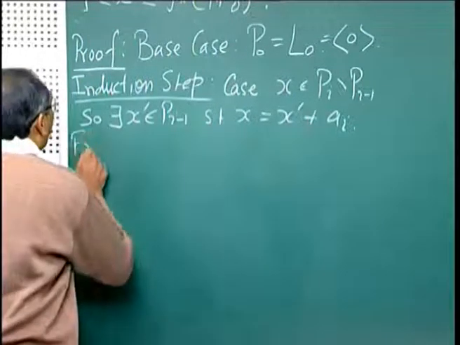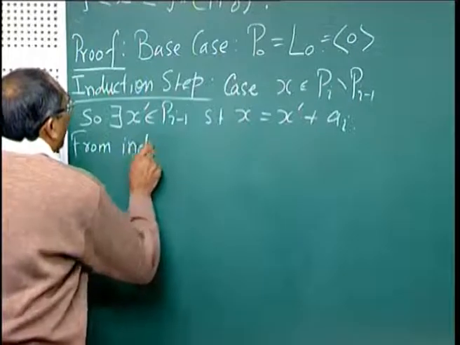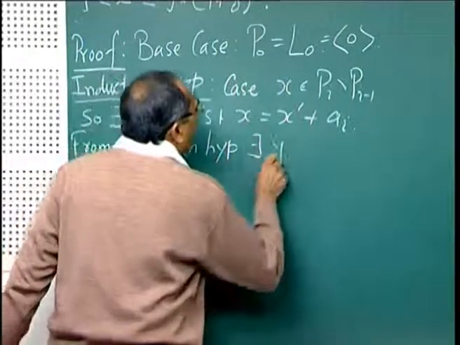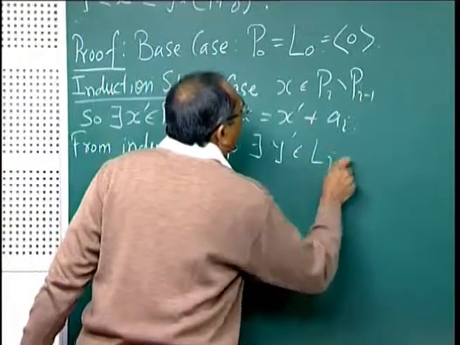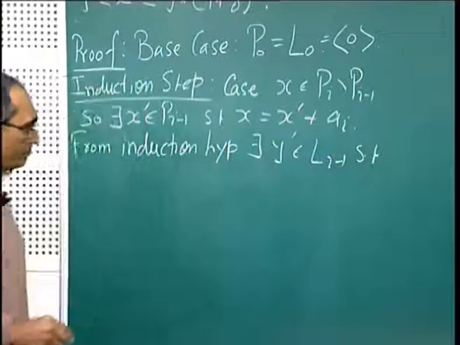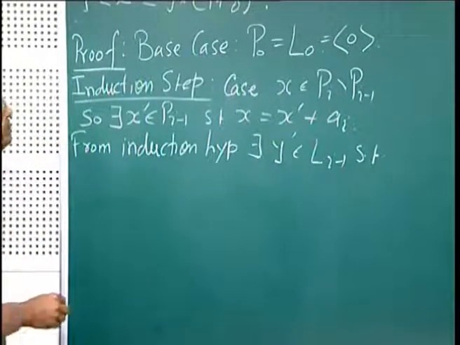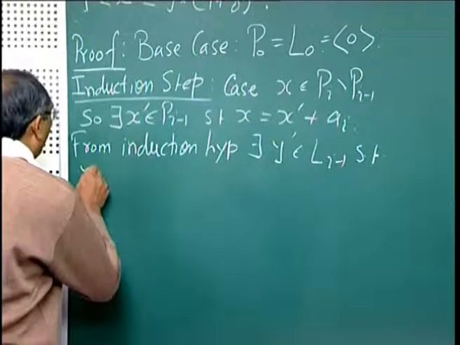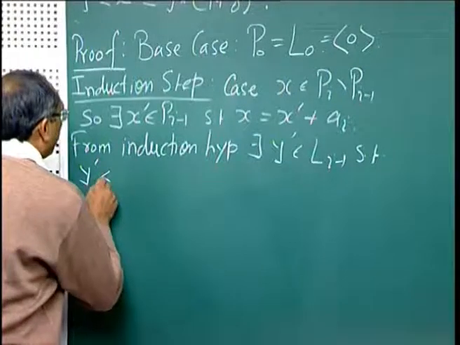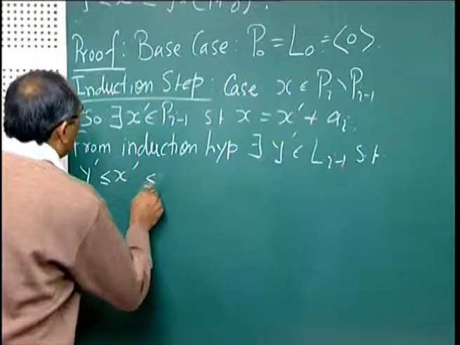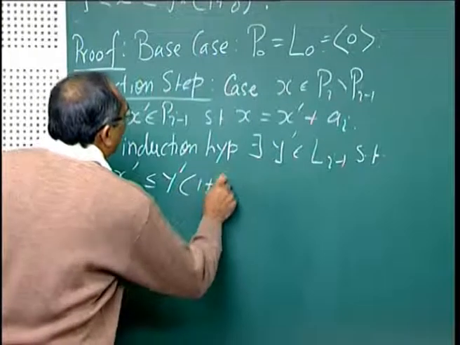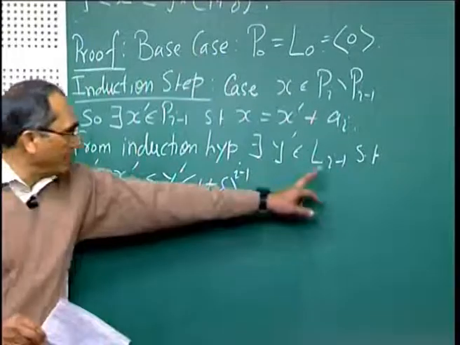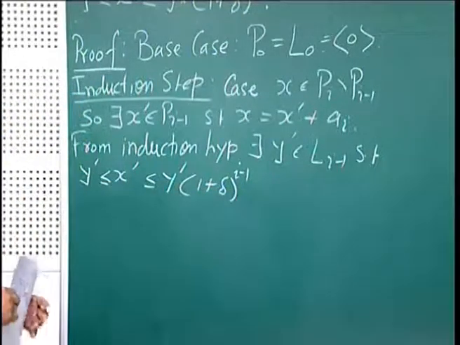So, from induction hypothesis, there exists a y prime in Li minus 1 such that y prime is less than or equal to x prime, less than or equal to y prime times (1 plus delta) power i minus 1, because we are working with list i minus 1 on Pi minus 1.